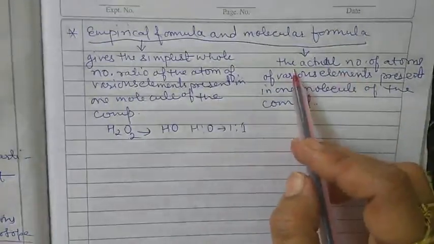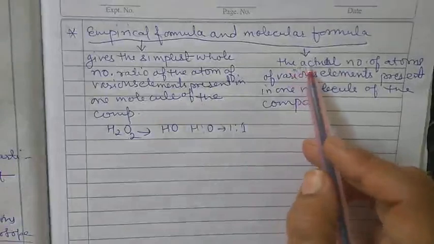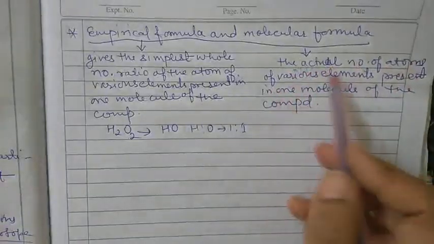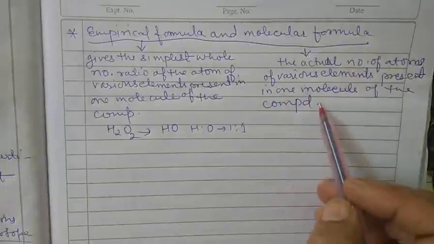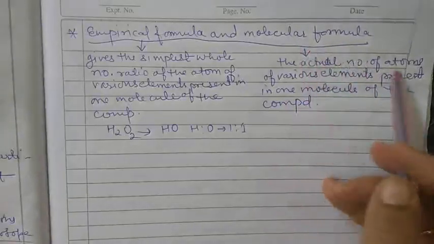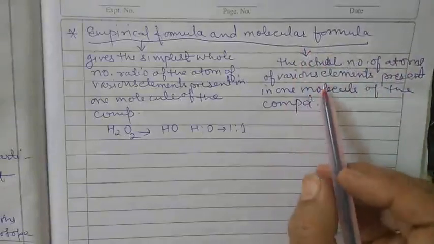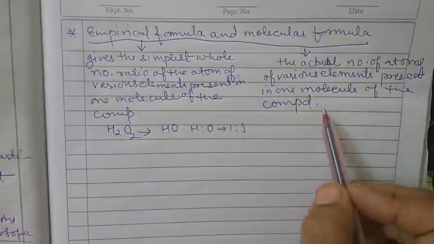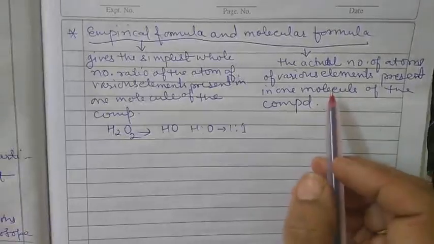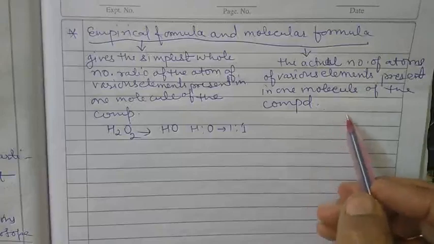So with the help of the molecular formula, we get the actual information about the number of atoms of the various elements. Done. So let's take an example.